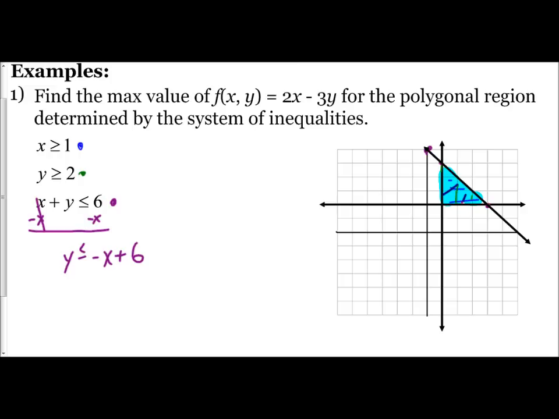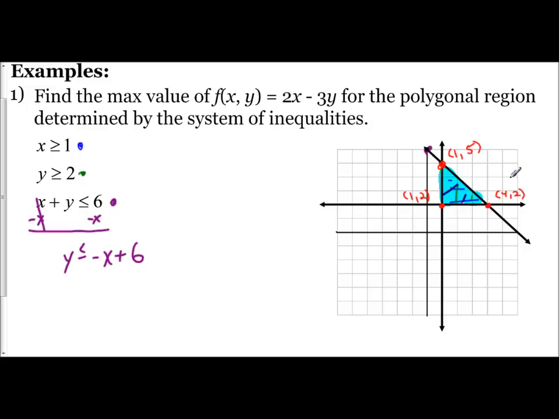Now what we need to do is find the vertices of this region. If I look at this first intersection, that occurs at the coordinate (1, 5). If I come down, I see there's another intersection, and that's at the coordinate (1, 2). Now the third intersection for the triangle is at the coordinate (4, 2).